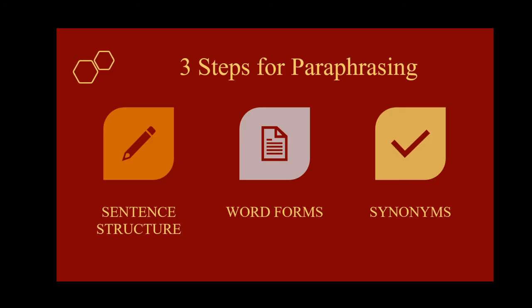There are 3 tips you take in paraphrasing: sentence structure, word forms, and synonyms. Sentence structure. You know that you have your noun, your subject, and your verbs, and your adjectives. And the way that you present that when you paraphrase them is extremely important.